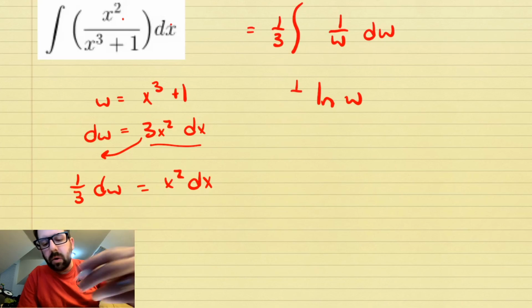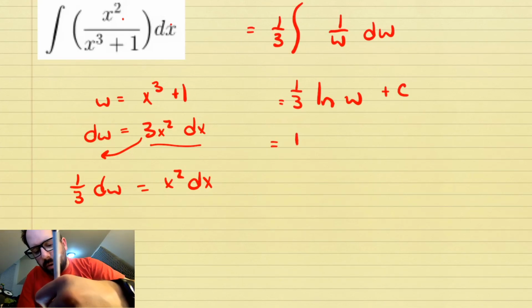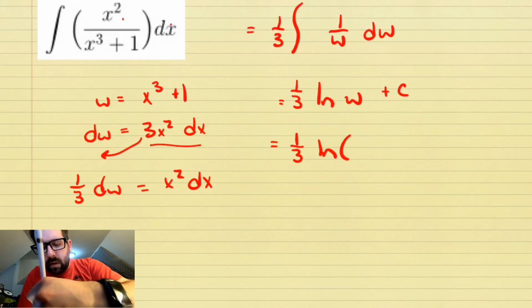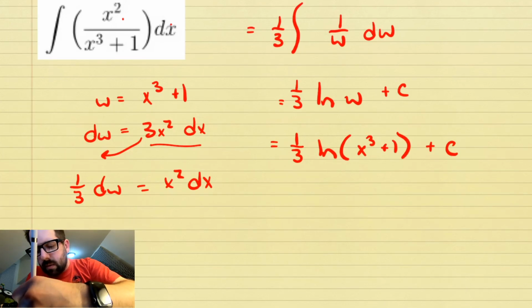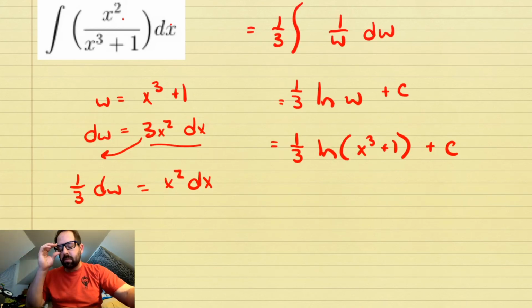It's just natural log of w. The 1/3 is still out front, plus c. And then all I have to do is substitute in what my w was. My w was x to the third plus 1. And there you go. There's the original problem. If you take the derivative of natural log, it goes back to 1/(x to the third plus 1), and then the derivative inside of that parenthesis.